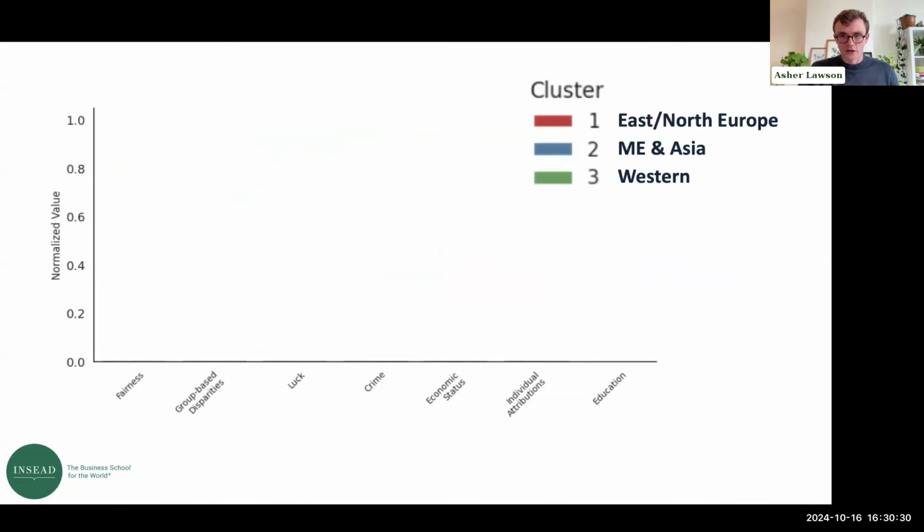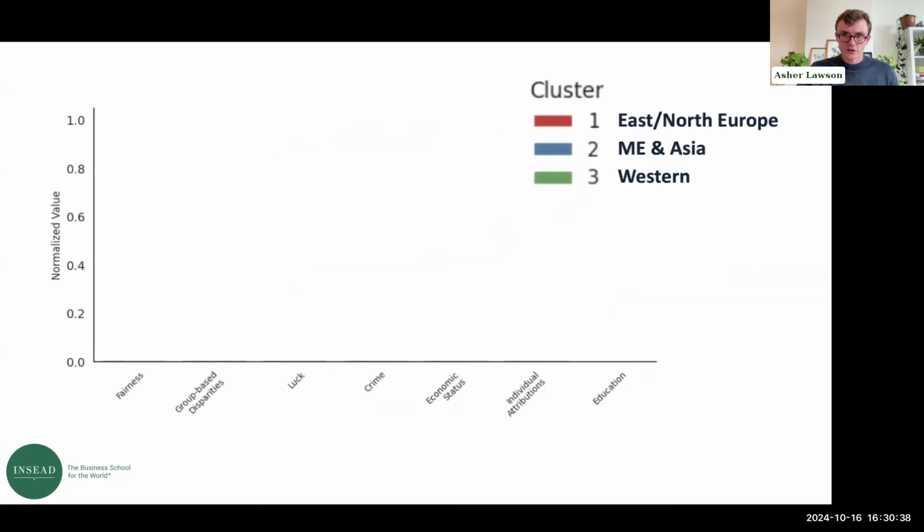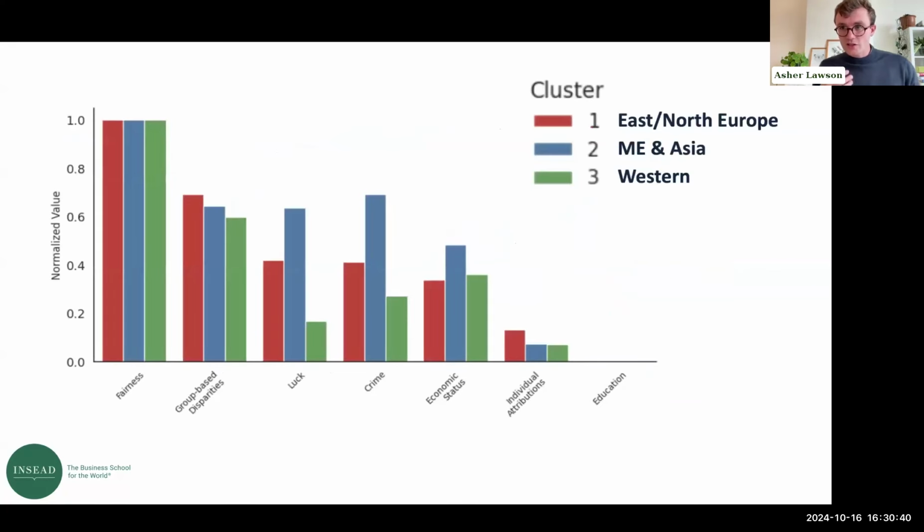If you remember those colors, red being that Eastern European, blue being that Middle Eastern, and green being the Western Romance languages cluster, we see that they systematically differ in the beliefs about inequality that they espouse. In particular, you can see that in that Middle Eastern Asian cluster, these languages tended to view inequality as more related to luck and more related to crime and economic status than did in either of those other 2 clusters.